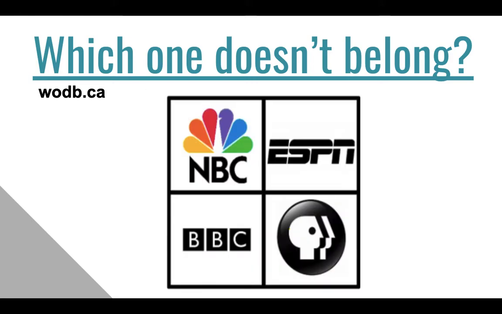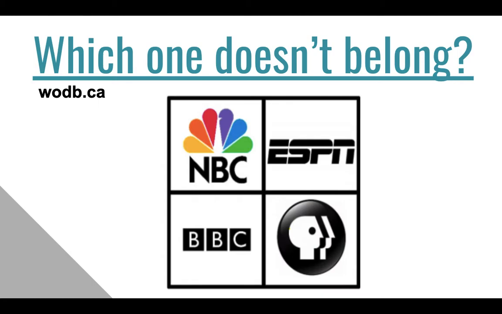thinking. So you can also move this activity away from math, and you can use images or logos or shapes and all sorts of different things. And I like this one because so many of our students may not know what BBC is, and they may not know what that PBS icon is, but they still will have excellent answers to this question of which one doesn't belong.